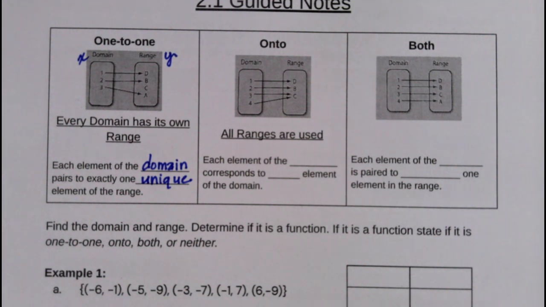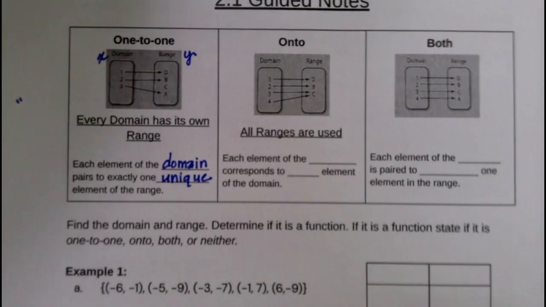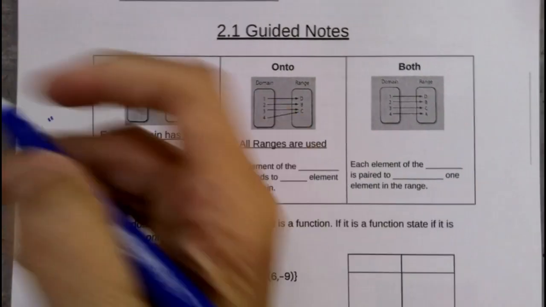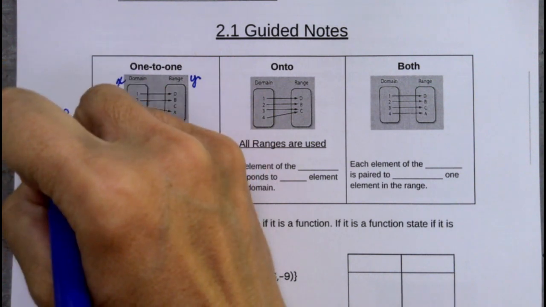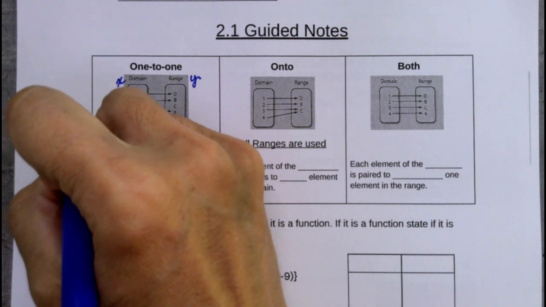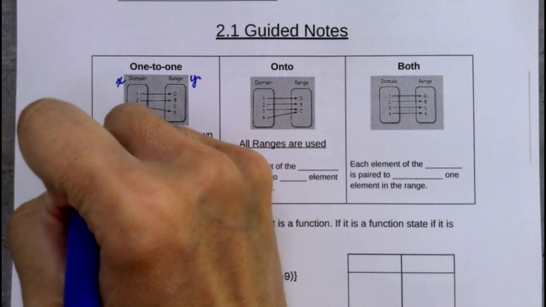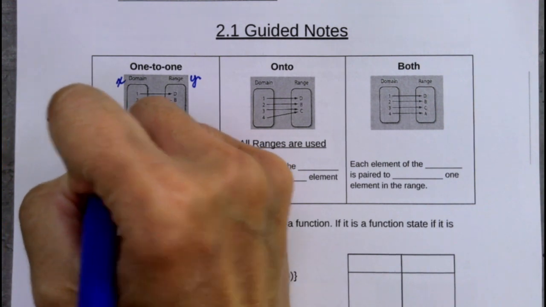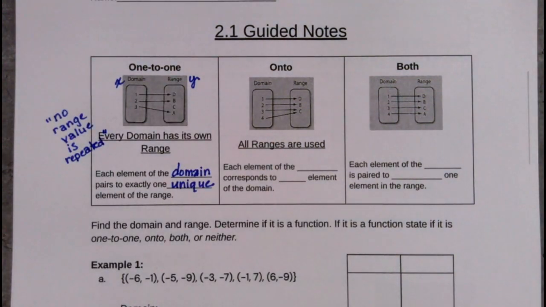So we could put that in, sorry, I'm now over to the side, in a little bit different terms: no range value is repeated. No range value is repeated if it is one-to-one.